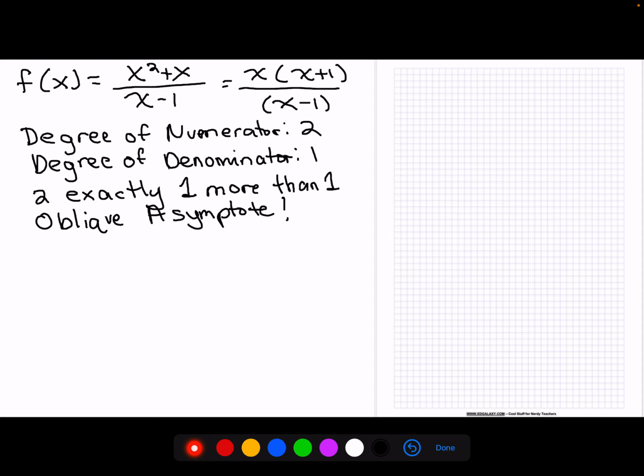All right, and then to find that oblique asymptote, you would divide x squared plus x, which I'm going to go ahead and put a plus 0, by x minus 1. And since you're dividing by x minus 1 in this case, you could do synthetic division. I'm just going to go ahead and do long division, just because I have it already written here.